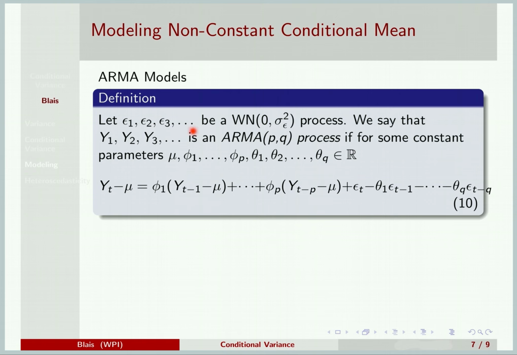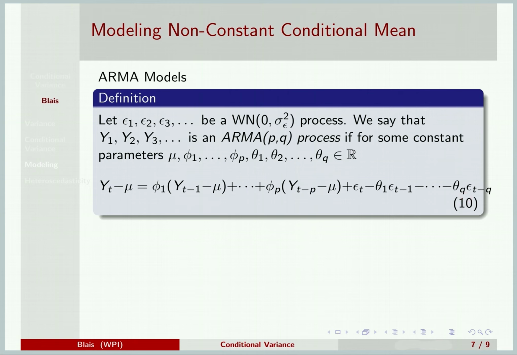In particular, if you look here, we have a white noise process, and then our ARMA(p,q) remembers parts of itself from the past, and it remembers parts of its previous noise terms. It's using that to give you a model for how yt differs from its mean. So it differs from its mean today with some type of memory for how it differed from the mean yesterday, all the way down to p days before, and also some memory on the previous noise terms going back q days.